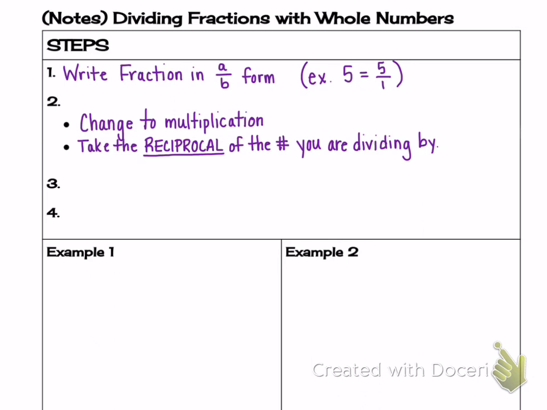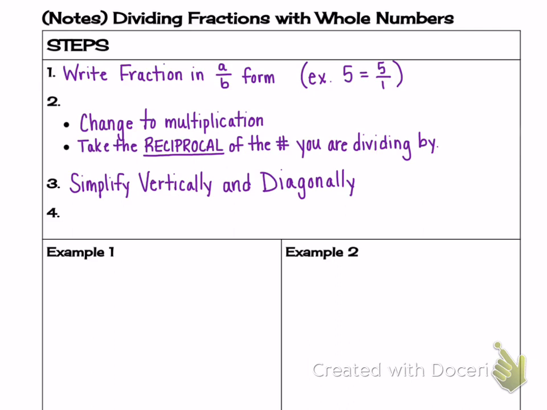After you've changed it successfully to a multiplication problem, now you're going to simplify your expression both vertically and diagonally. You will notice it doesn't talk about simplifying until step 3. You can only simplify in multiplication of fractions. You can't simplify a division problem until it's changed to multiplication.